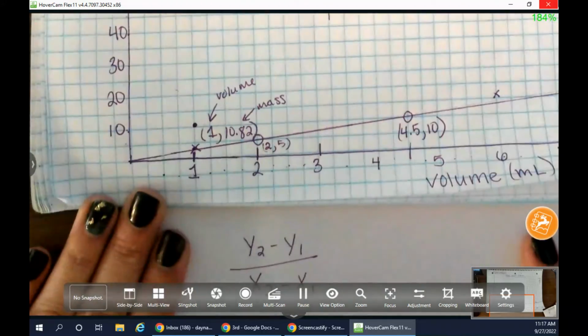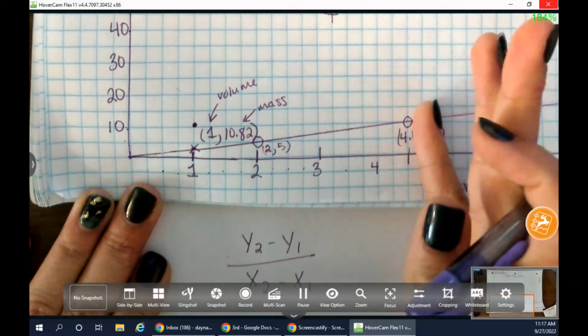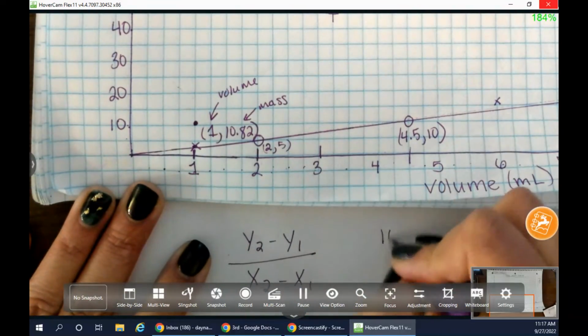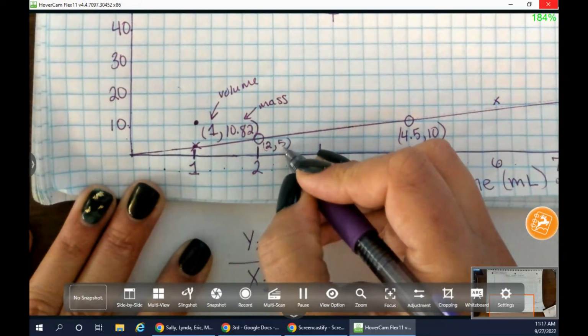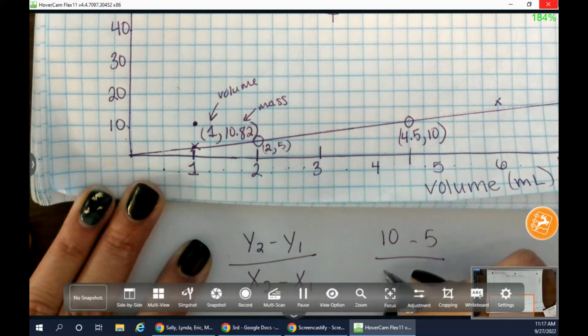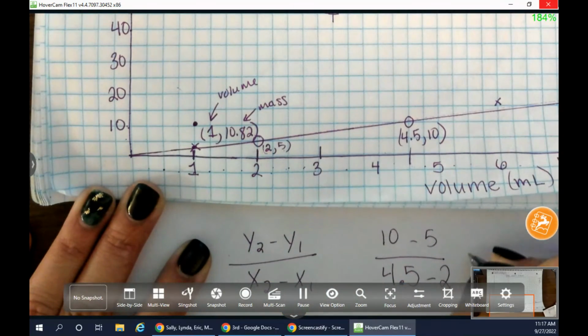So what I'm going to do is these are my 2 data points. Remember, the 2's are over here. The 1's are on this side. So I'm going to take my y2, which is 10, minus y1, which is 5. And I'm going to divide it all by x2 minus x1.